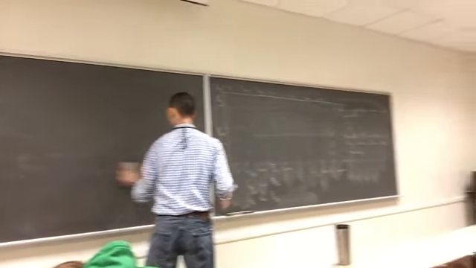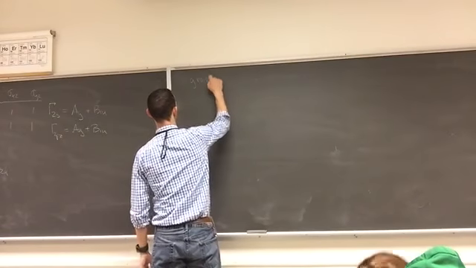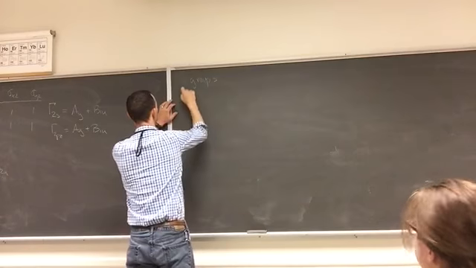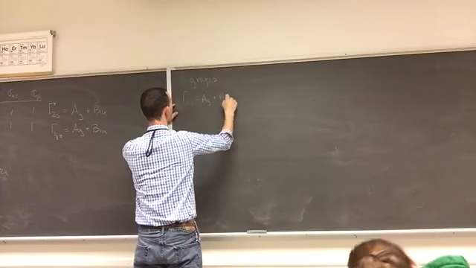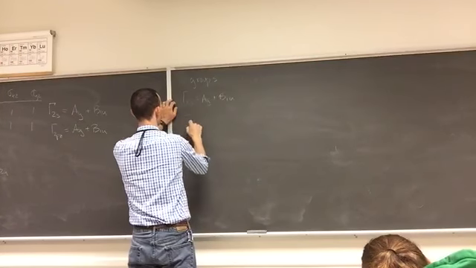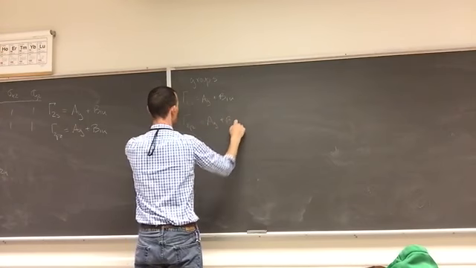So let's get it cleaned up a little bit here. Our groups: for the 2s, again, we have Ag plus B1u. For the 2pz, we also have Ag plus B1u.